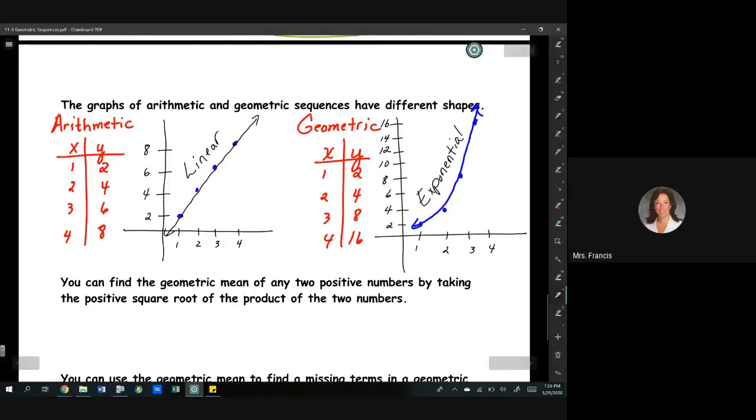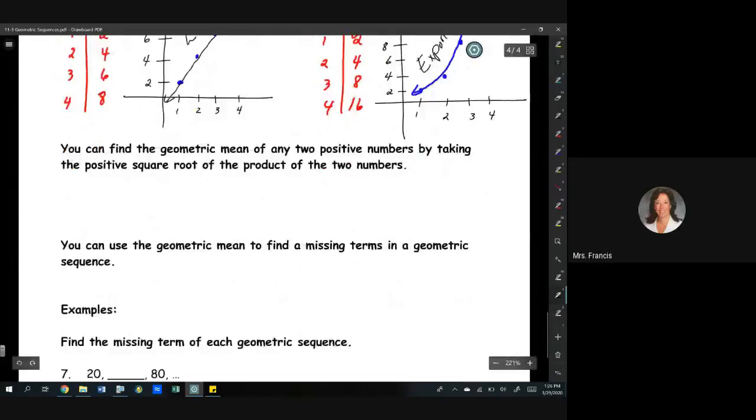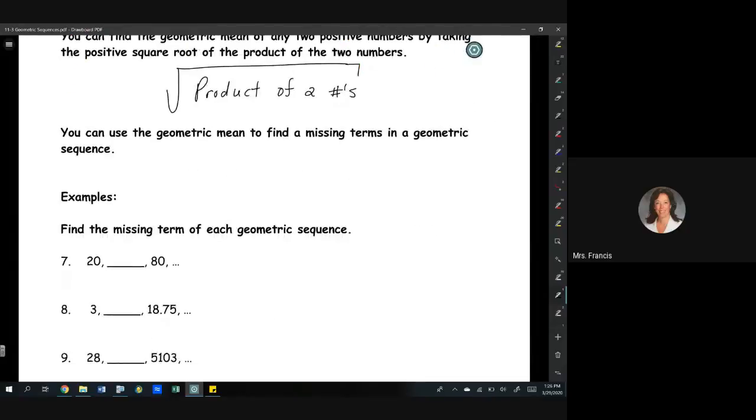All right, we have our last bit here where we talked about the geometric mean being the square root of the product of two numbers. So to find that middle term, we're going to do the square root of 20 times 80.